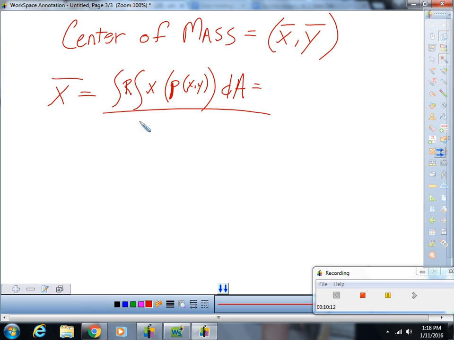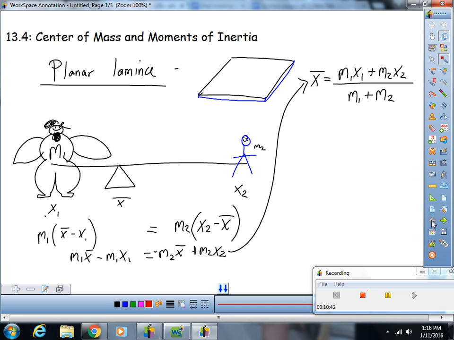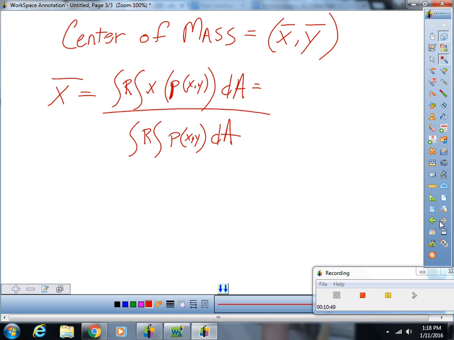So just the double integral of rho of x, y dA. That's our x bar. We take our position times our mass, and we divide it by the sum of our masses. Let's compare that to the first slide: position times mass, we add them all up, which is an integral, over the sum of the masses. So that definitely holds true.